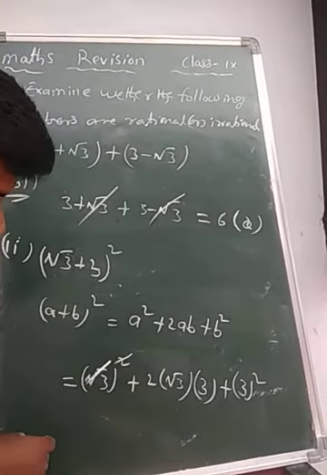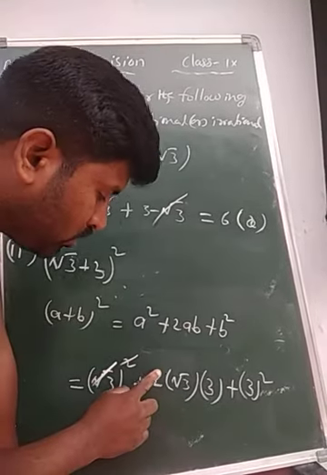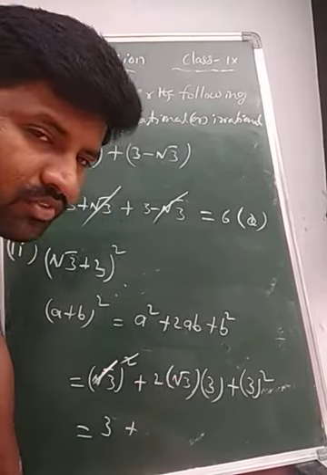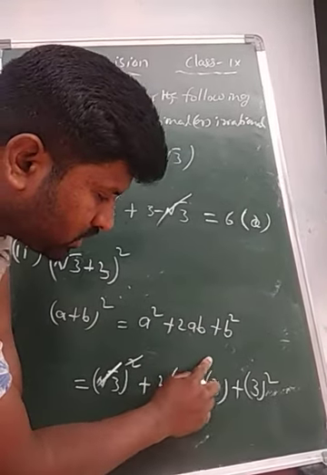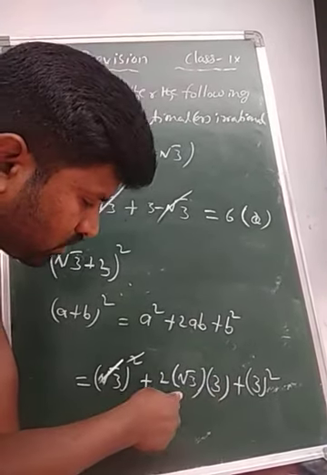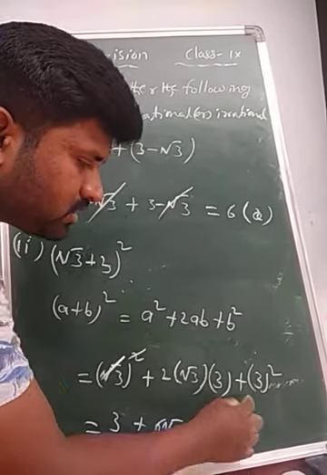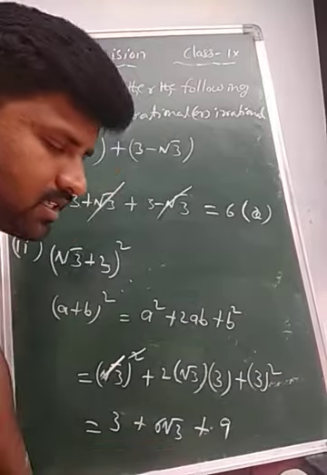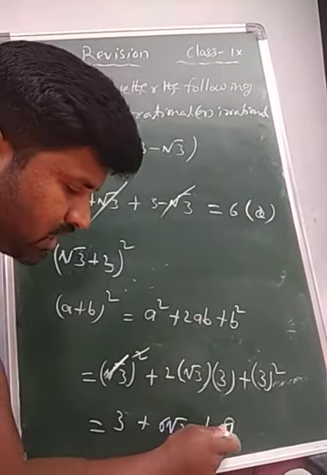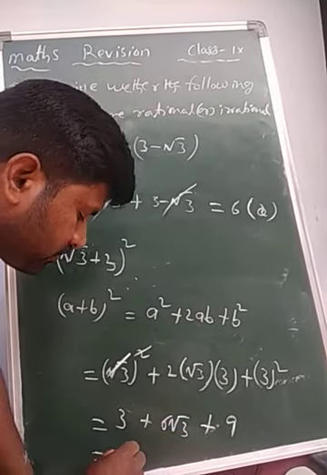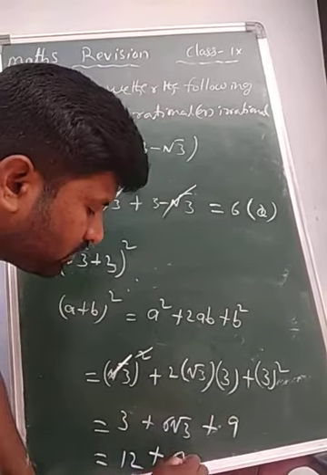Square root cancel, then simply 3 is there, plus 2 into 3 is 6, into root 3, that is 6 root 3, plus 3 whole square, that is 9. 3 plus 9 is 12, plus 6 root 3.